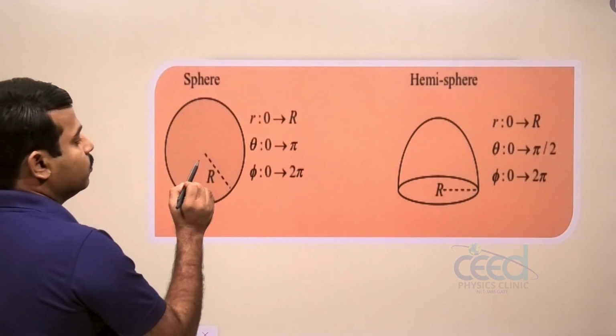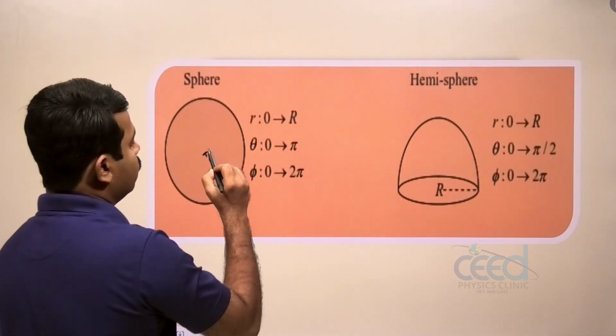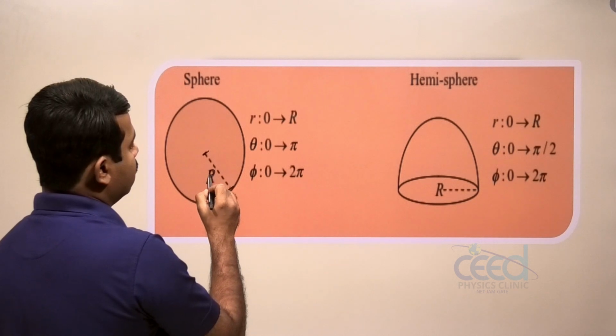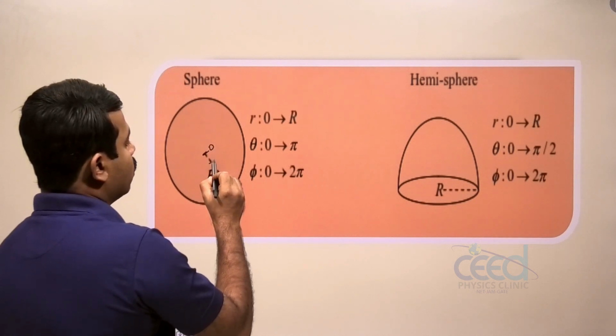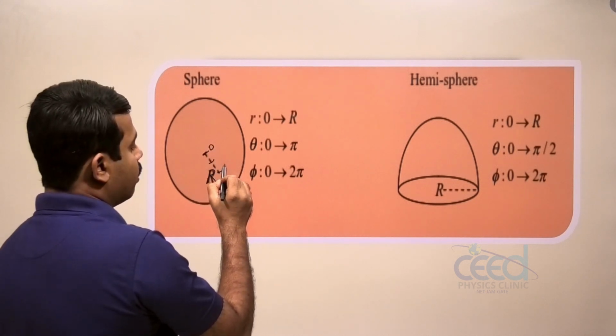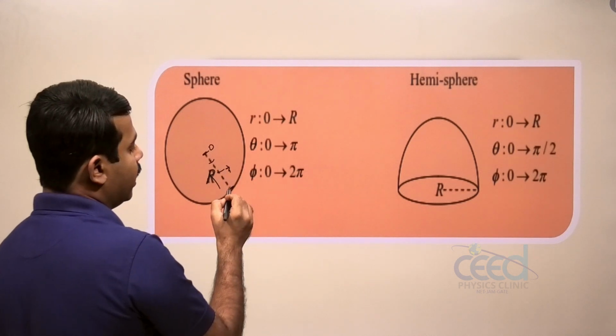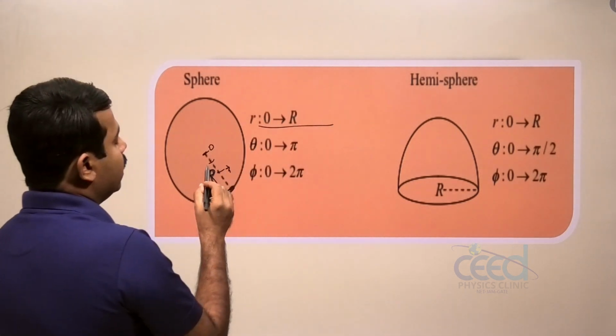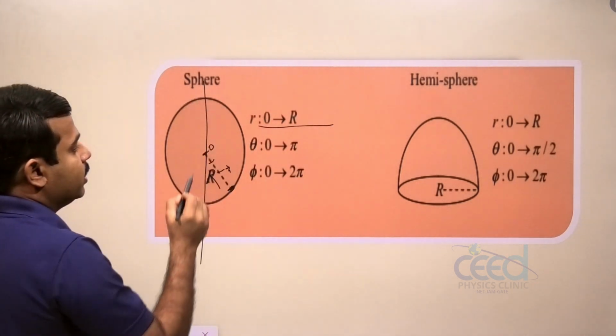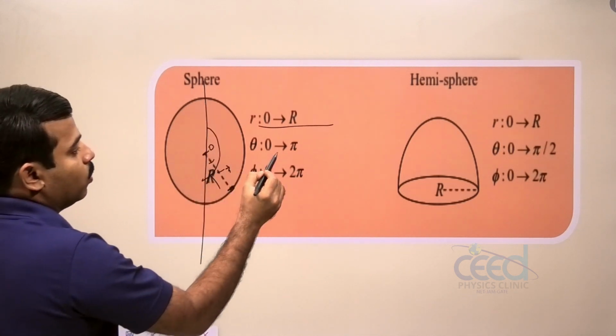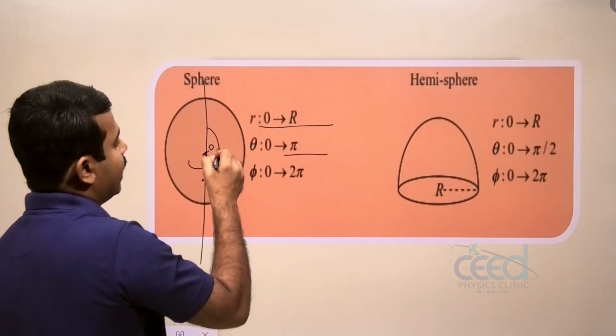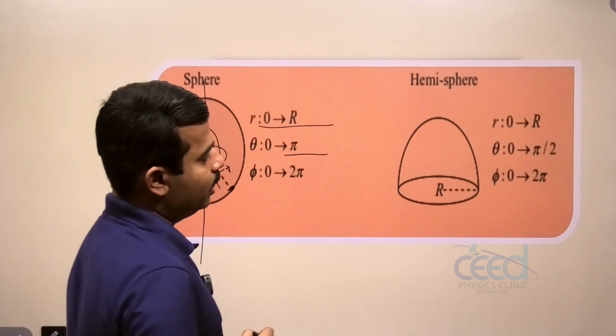Different ranges. R is varying from 0 to r because the radius is already given. 0 to r by 2, r by 3 by 4 r, and finally 0 to r. Now what is theta? Theta value, if this is the axis, 0 to pi. Phi value, this angle, that is 0 to 2 pi.